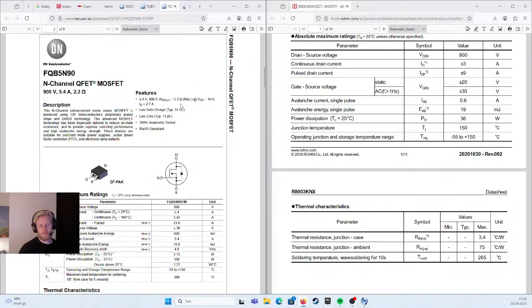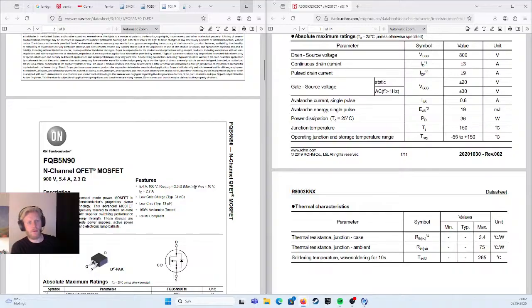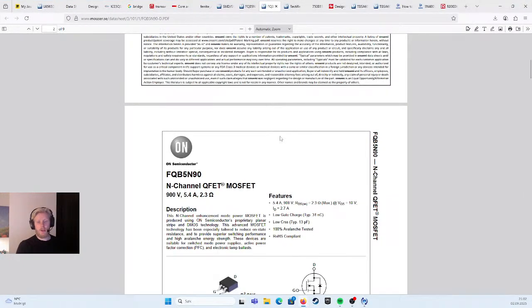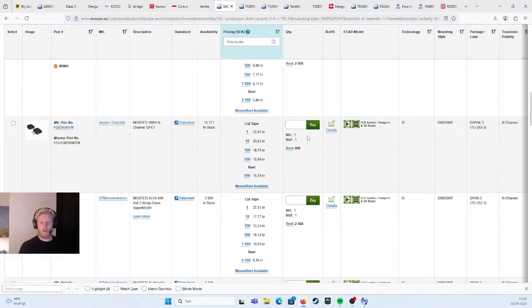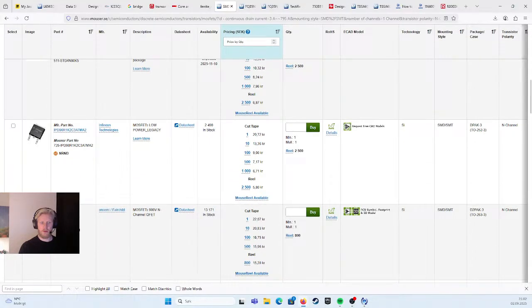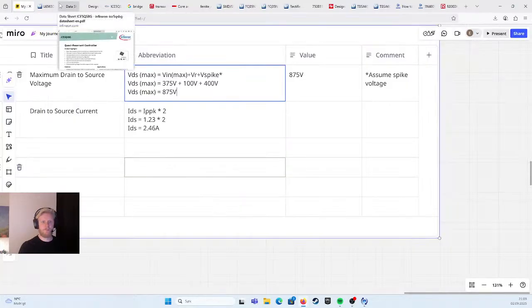Okay. But this looks good. We've found it based off browsing through here, Mouser, and yeah. Let's move on. Let's take this one.